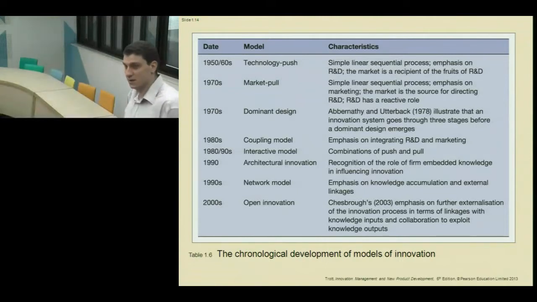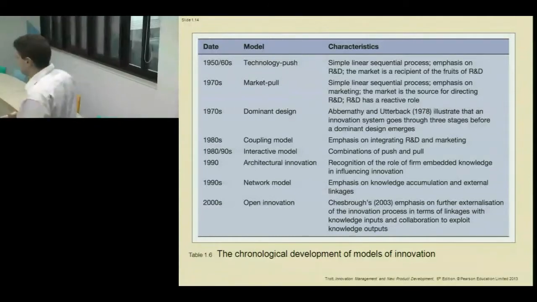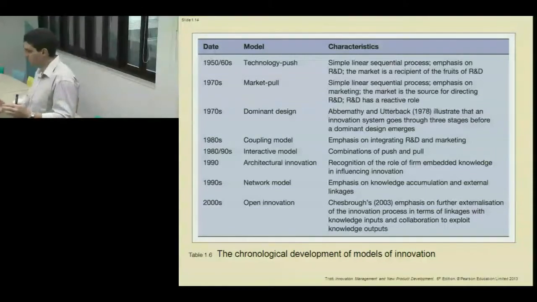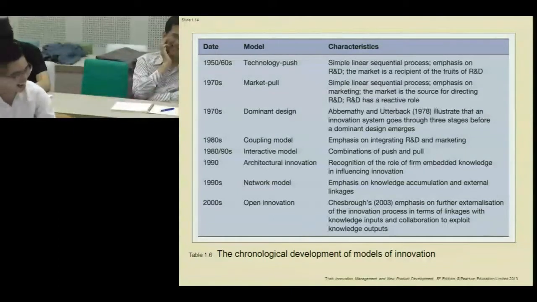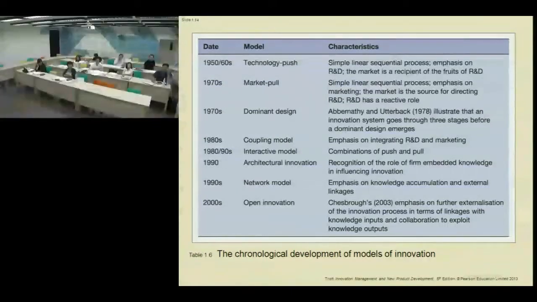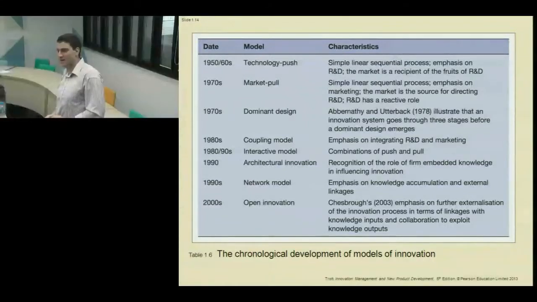So if we would ask to pick a title, for example, in the 90s we have network model, in 2000s we have open innovation. How could we title this era? Sustainable. Yes, that's indeed a very good term.